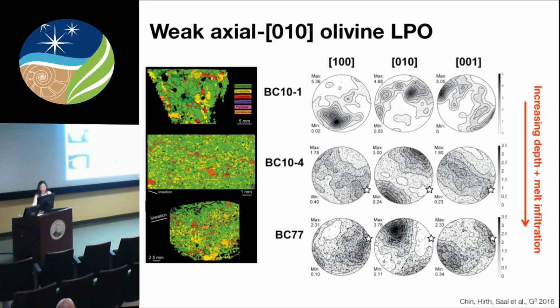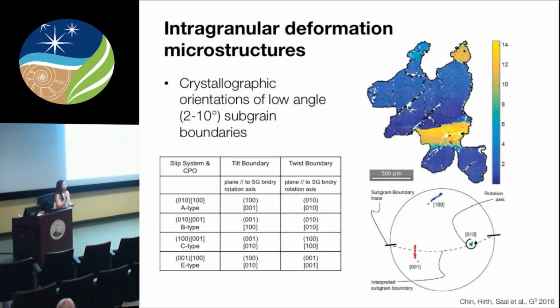So one thing we can do is look at individual grains of minerals and look at the deformation structures, microstructures inside them. So one example is looking at the orientations of low-angle subgrain boundaries in olivine. And olivine is nice because the symmetry is pretty simple, and we know the dominant slip systems pretty well and how they behave with pressure, temperature, and water content.